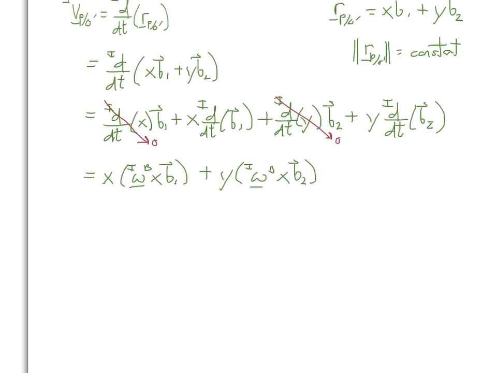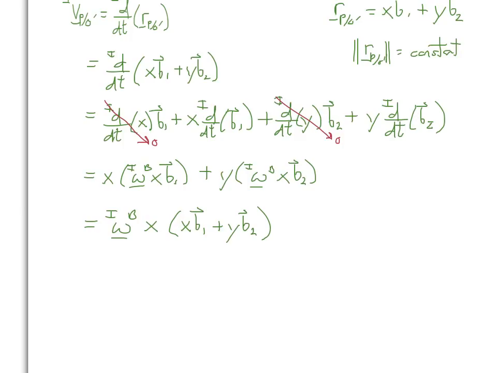We'll simplify this by pulling out our omega terms. So this is equal to omega of B as observed in the inertial reference frame, crossed with x in the B1 direction plus y in the B2 direction. And we should recognize this component because it's simply our position vector of P with respect to O prime, and that's equal to x in the B1 direction plus y in the B2 direction.